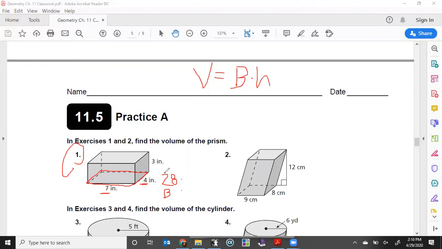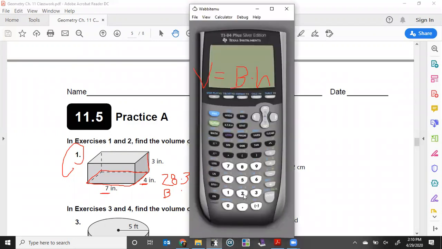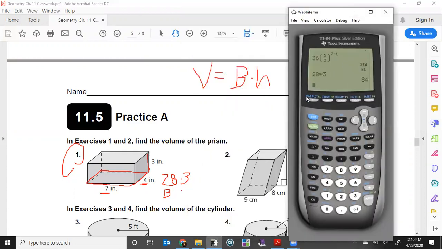And then I need to multiply by the height. What's the height? The height is 3 inches. So 28 times 3. 28 times 3, 84. 28 times 3 is 84.